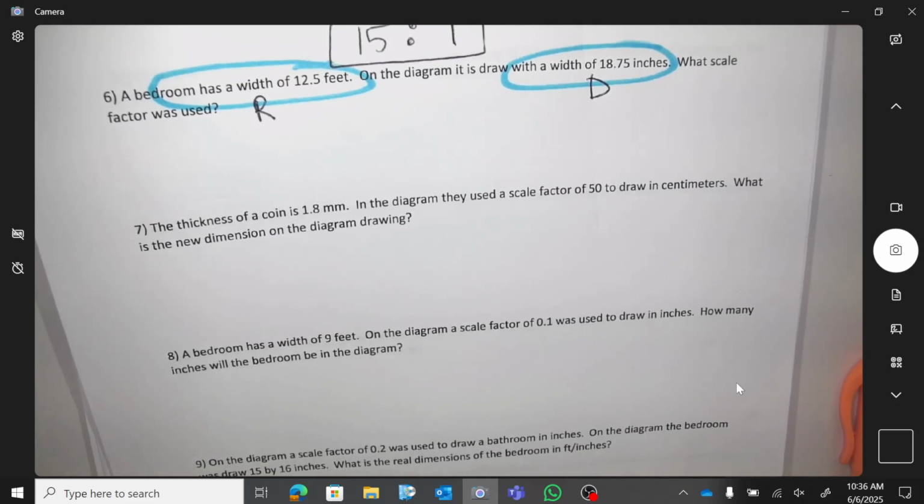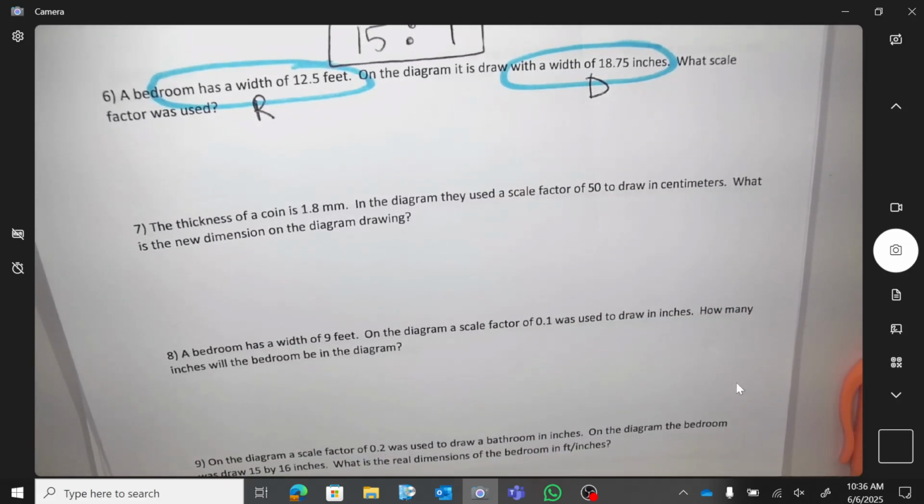Okay, great. Now, check out the units. Not good. Feet, inches. What's easier to change? Should it work better if I'm going feet to inches or inches to feet? Which one do you think is easier?